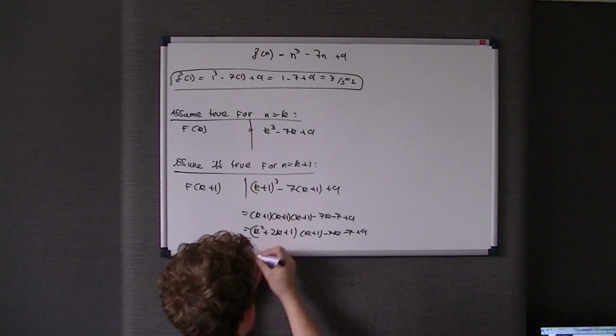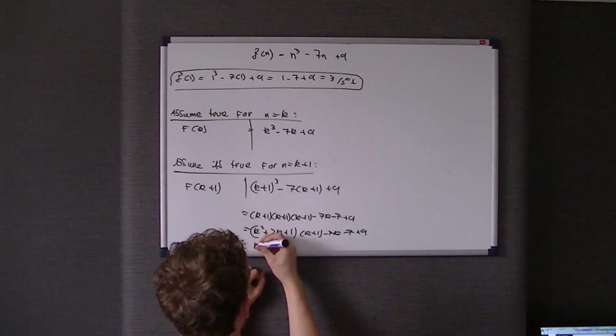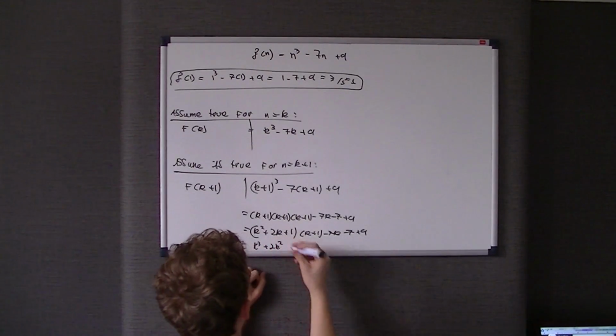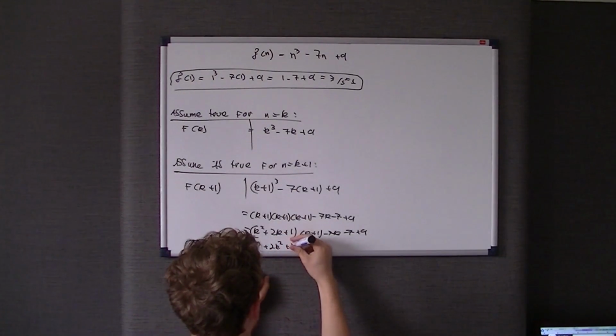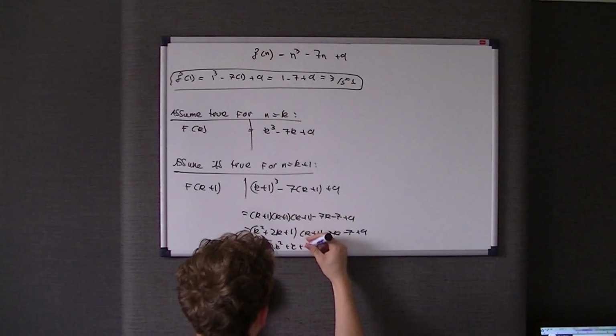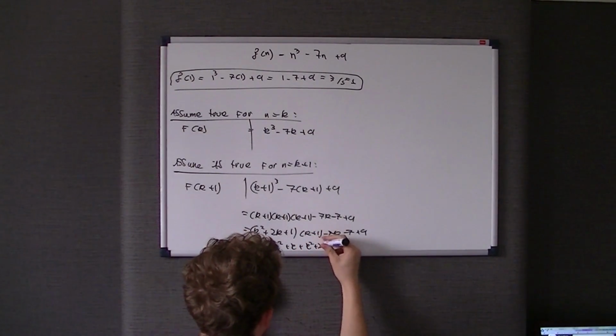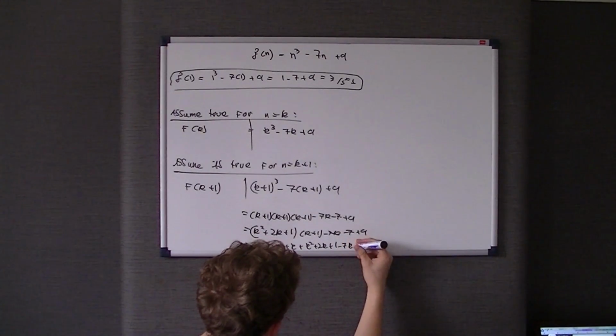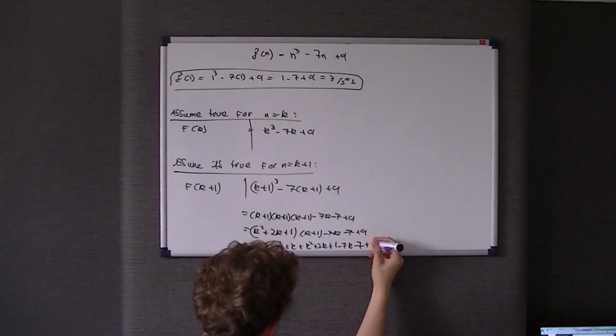So k times k squared is k cubed, k times 2k is plus 2k squared, and k times 1 is plus k. Then times it all by 1, so plus k squared plus 2k plus 1, and then taking 7k minus 7 plus 9.